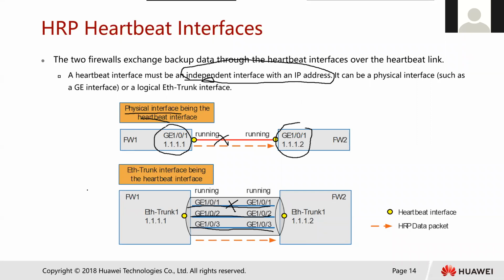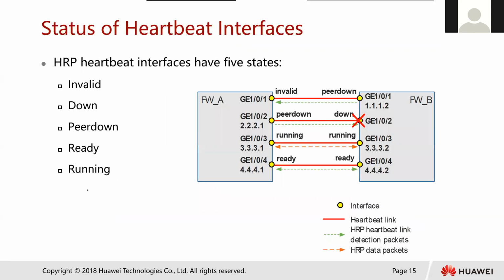The heartbeat interface has 4 states, or we can call it 5 states. The first is invalid. Invalid means the link is broken or not in use. Next is down.